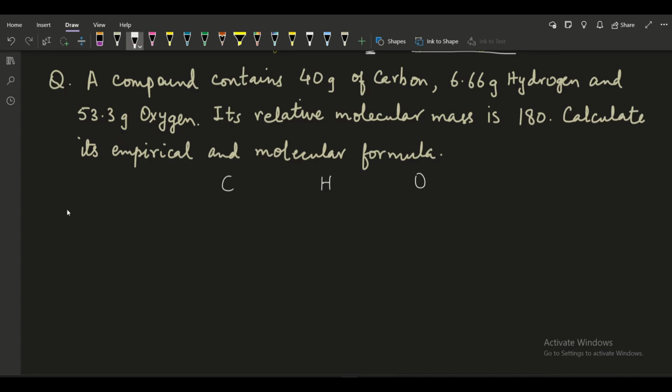Next, what was the first step? The first step was that you have to write their masses. The mass of carbon is 40 gram, hydrogen is 6.66 gram, and oxygen is 53.3 grams.